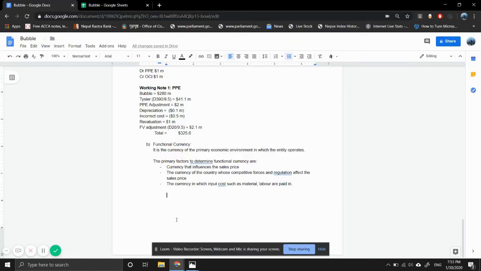Okay, so that's easy. In this case, the currency that mainly influences the sales price will normally be the currency in which goods and services are settled.